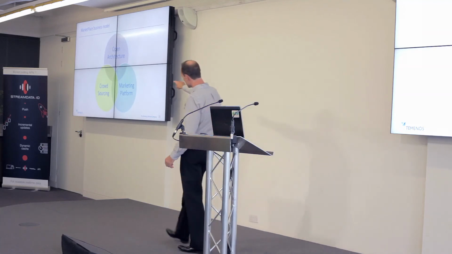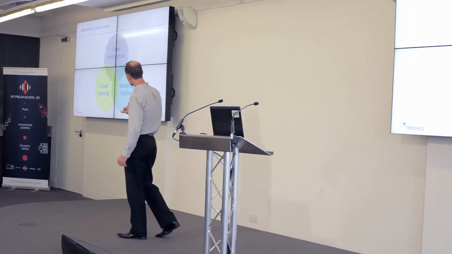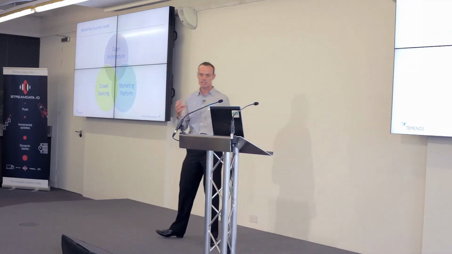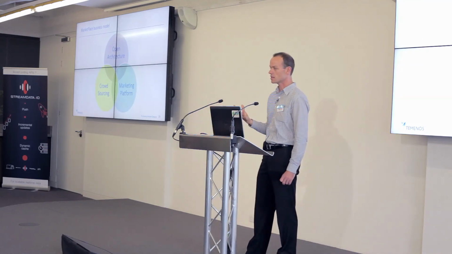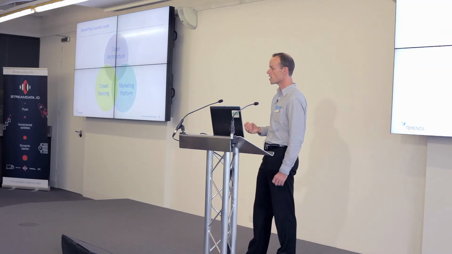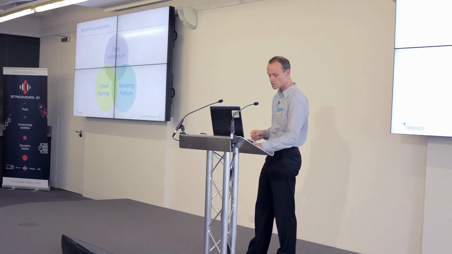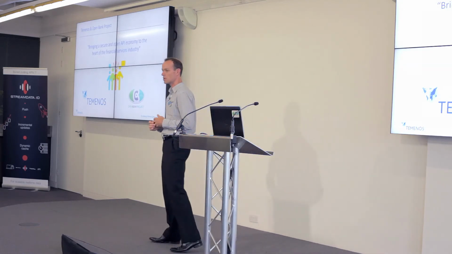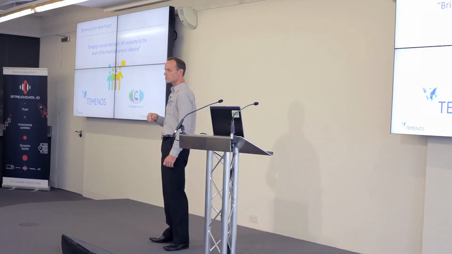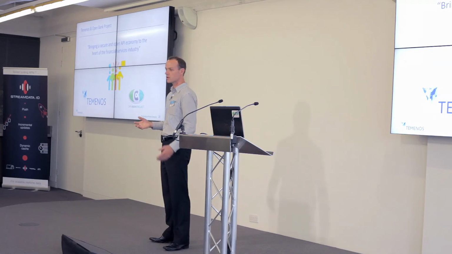To me, that little overlapping part of the Venn diagram is the sweet spot. If you can combine those three models, you can solve that marketplace problem. And so what we're trying to do is work with Openbank to solve that marketplace problem. As of this conference, we're announcing that we're sponsoring the Openbank project.